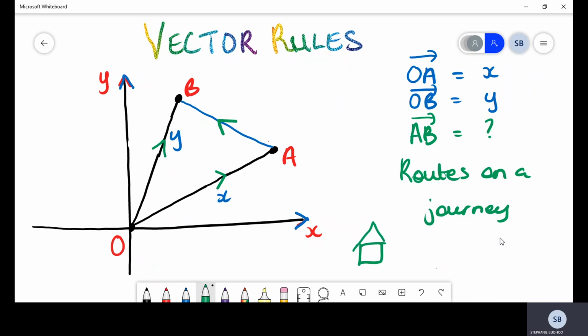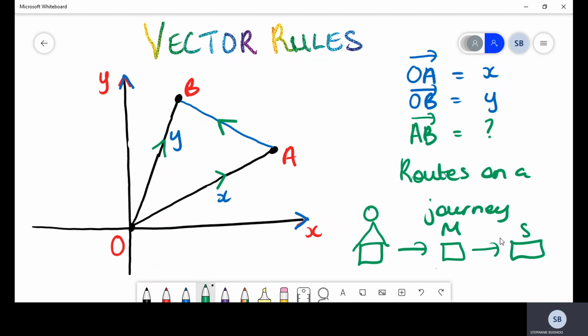Say our house is our original destination, so we call that O. Then say we stop in a mall, we'll call that M. And then we end up heading off to school, we'll call that S. So we made a couple of stops along the way and took different routes to get from point O to M to S.